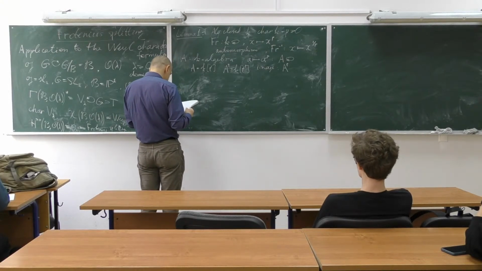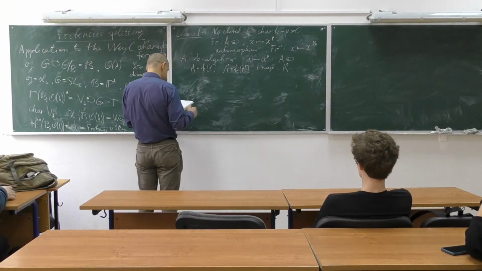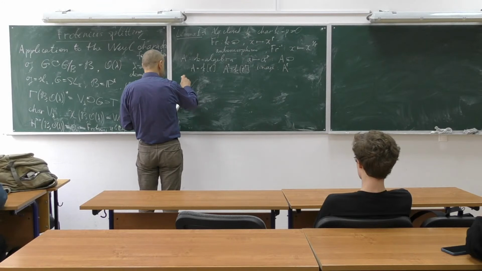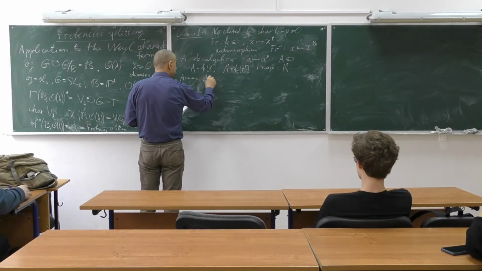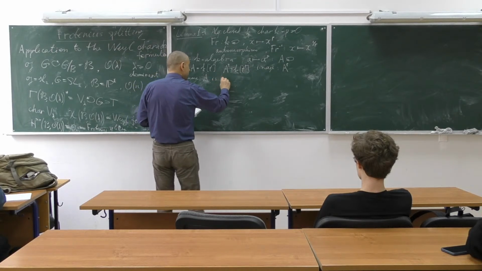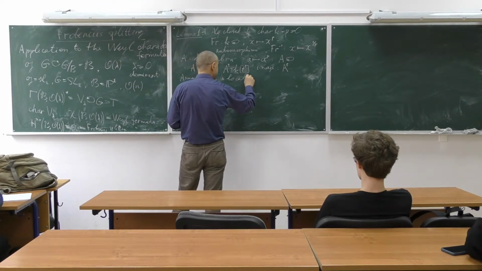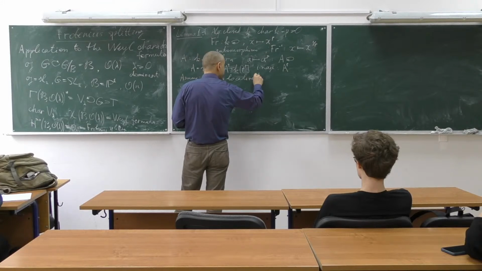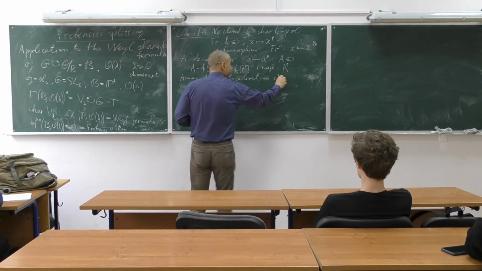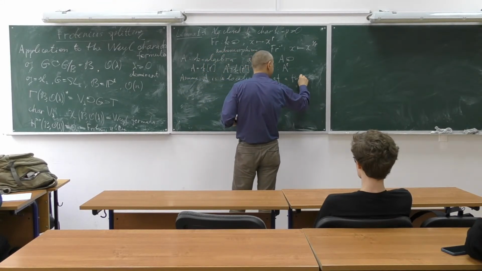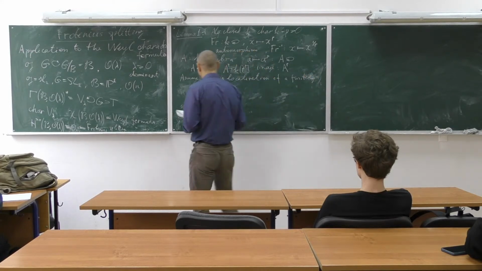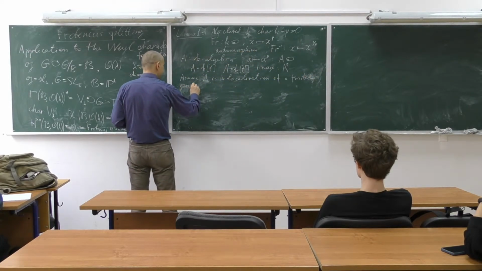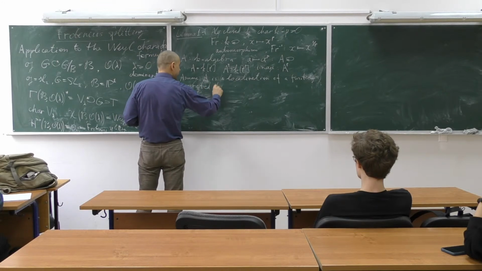So now the lemma says that, assume that A is a localization of a finitely generated K-algebra.